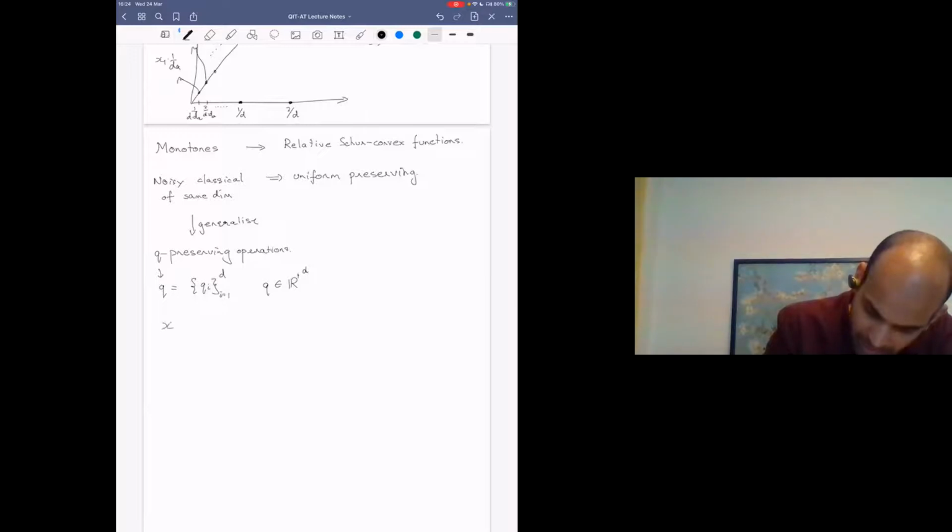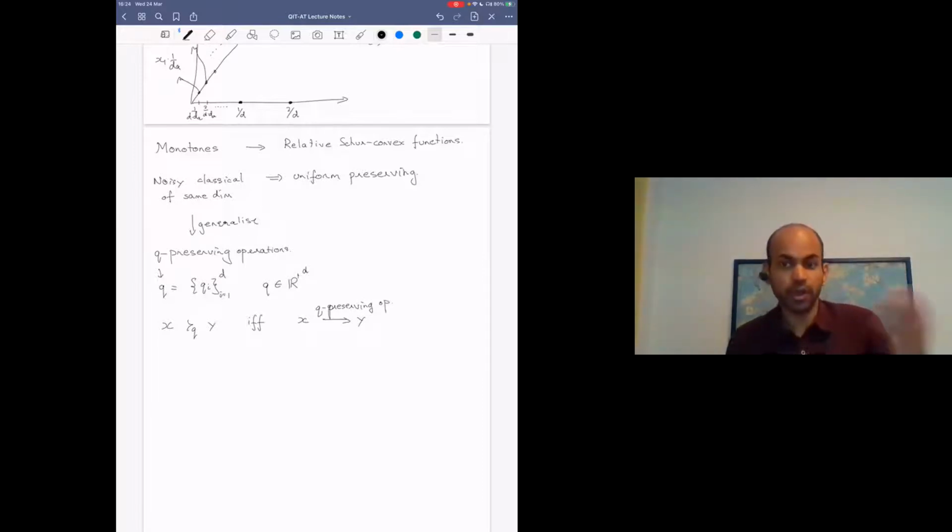You can consider that X majorizes Y relative to Q if and only if X can go to Y via a Q preserving operation. So noisy classical operations are the same as uniform preserving operations. And so if we put Q to be the maximally mixed distribution, the uniform distribution, then we get back everything that we have. But if not, we can consider Q preserving operations.